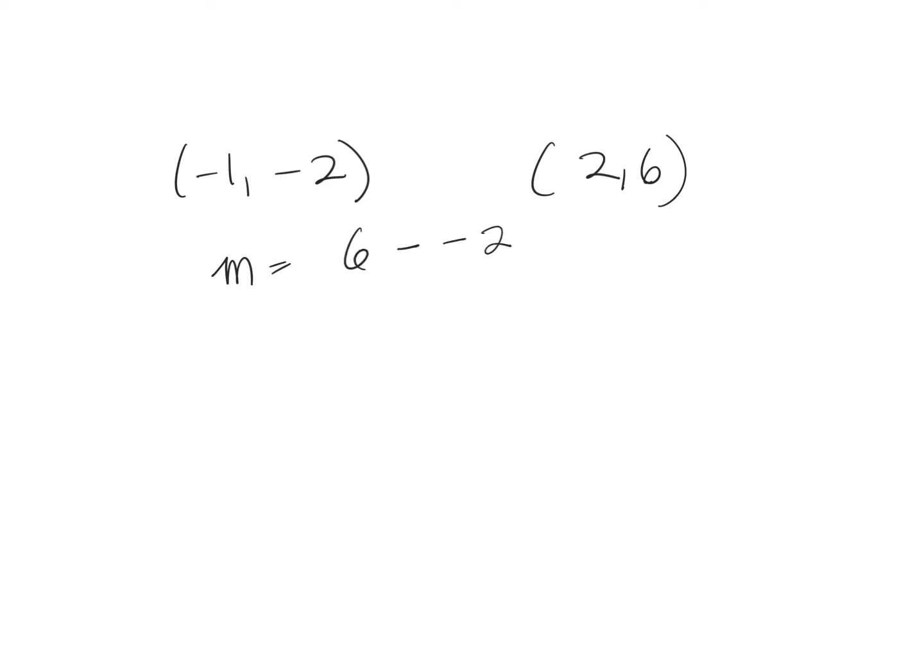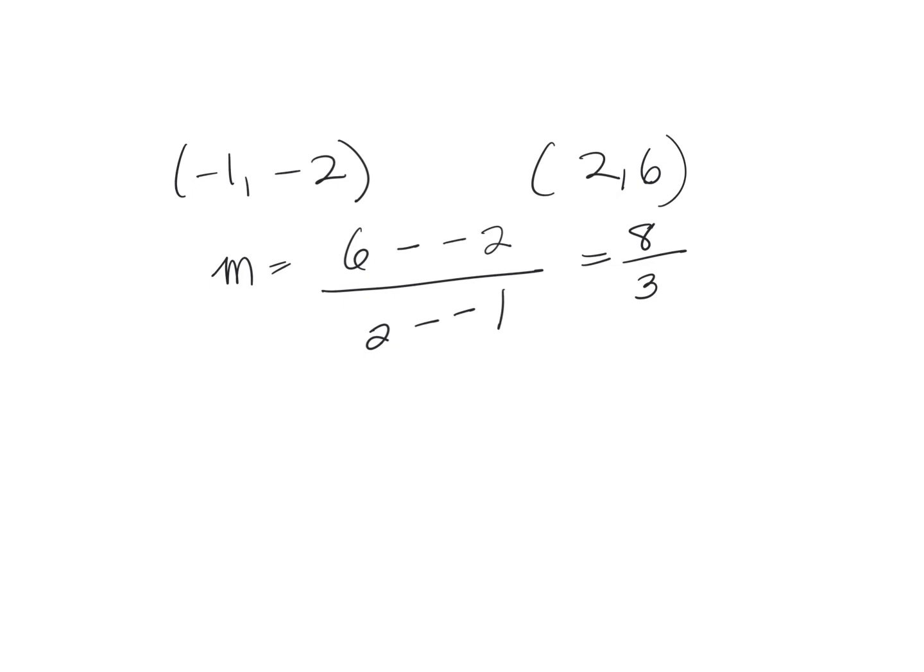So if I wanted the equation for a line given 2 points, let's just say my points are -1, -2, and 2, 6. First thing I would do is find my slope. So I would go 6 minus -2 divided by 2 minus -1, which would be 8/3.